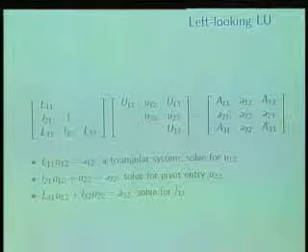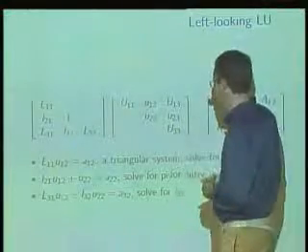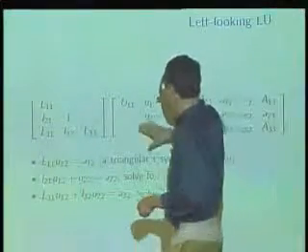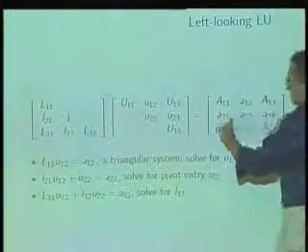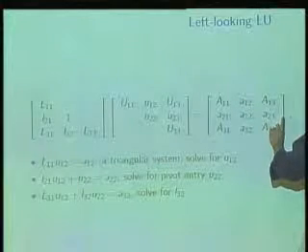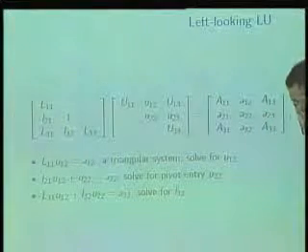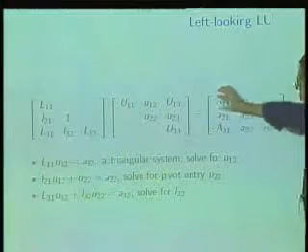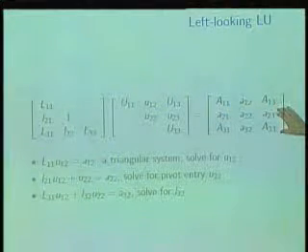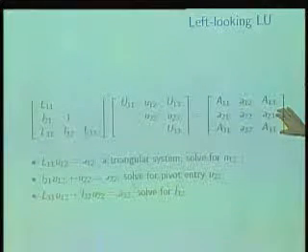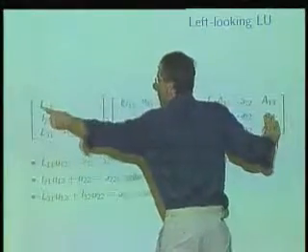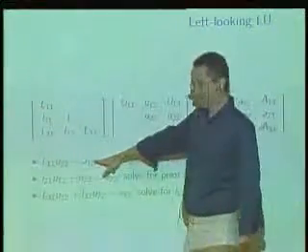There are k minus 1 rows here, because it is the kth step of the factorization. So here there are n minus k plus 1 rows. And if we permute just these and leave the top alone, then this equation doesn't change.